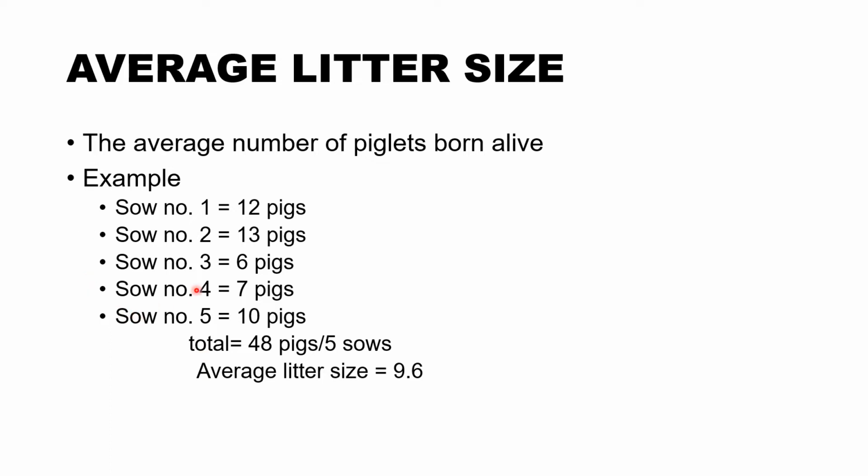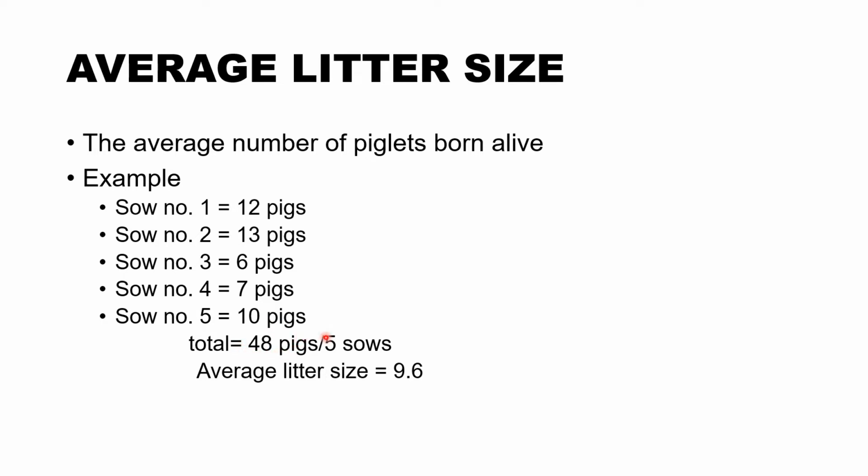Nanganak lahat. Okay? So, yung sow number 1 mo, 12 pigs. Then, yung sow number 2 mo, 13 pigs. Yung piglets, yung anak. Yung sow number 3, 6 piglets. Sow number 4, 7 piglets. Sow number 5, 10 piglets. So, you add them all up, that will become 48 piglets.